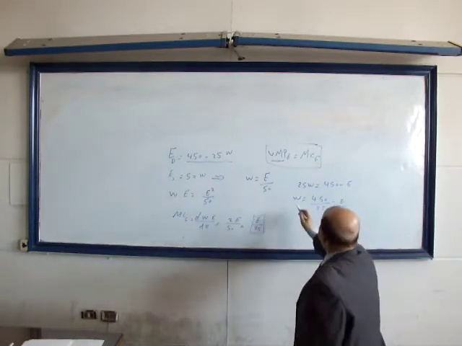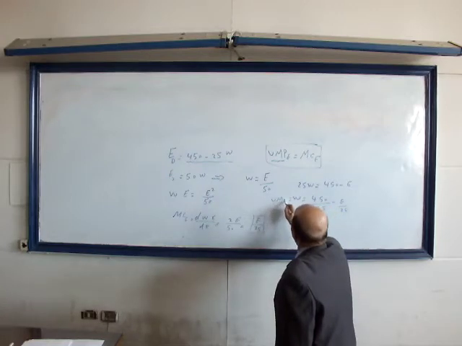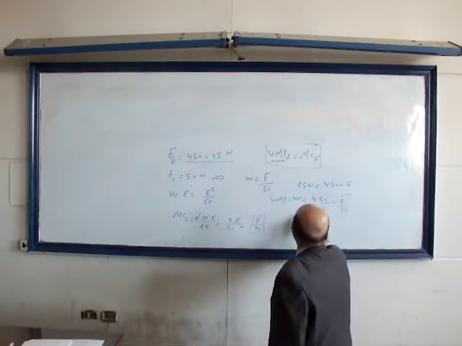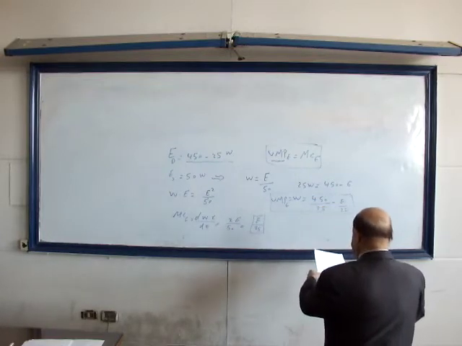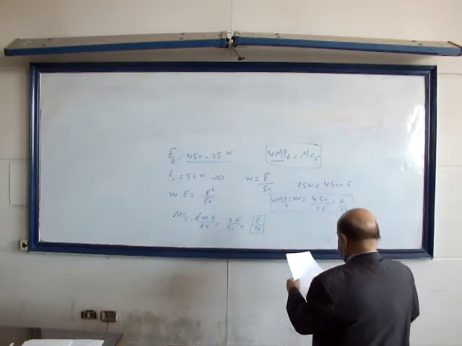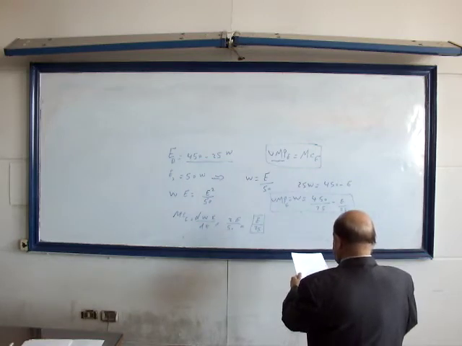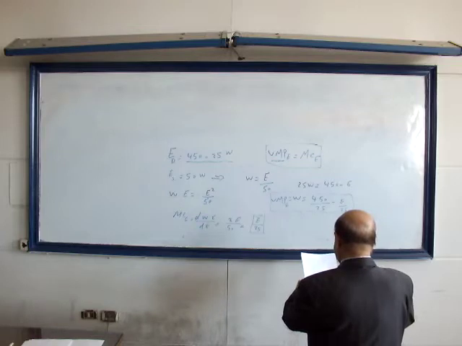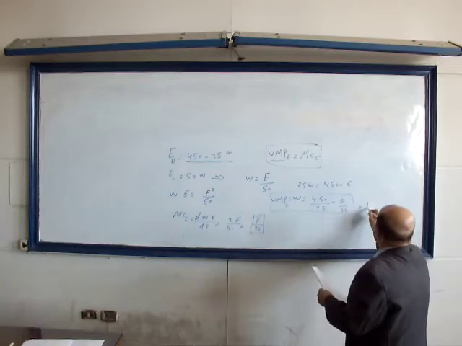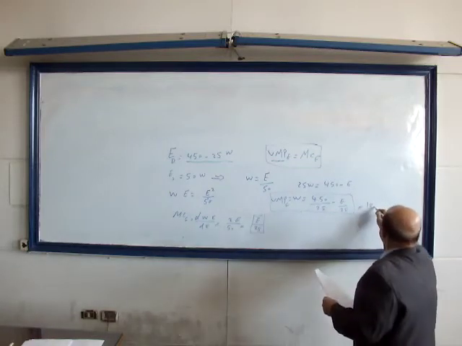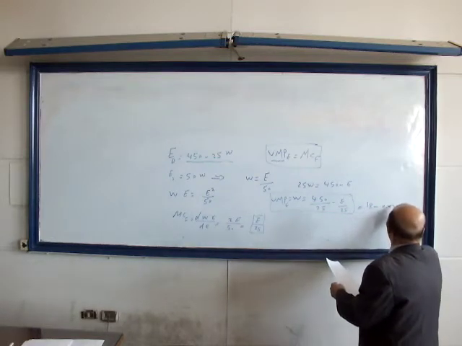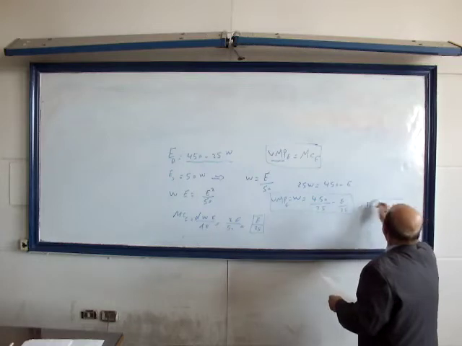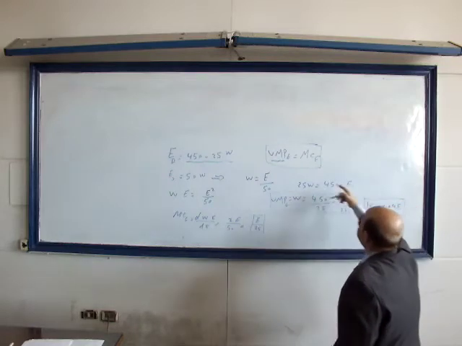So this is your VMB. 450 divided by 25 is just 18, minus, and 1 over 25 is just 0.04E. So this is your equation for VMB.